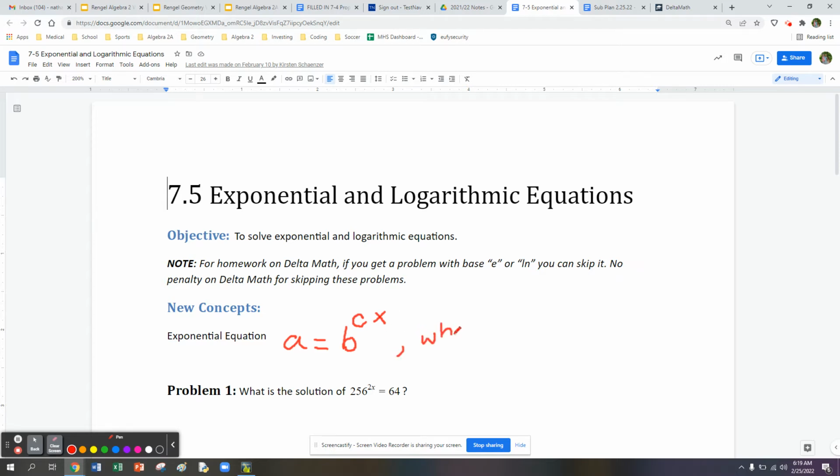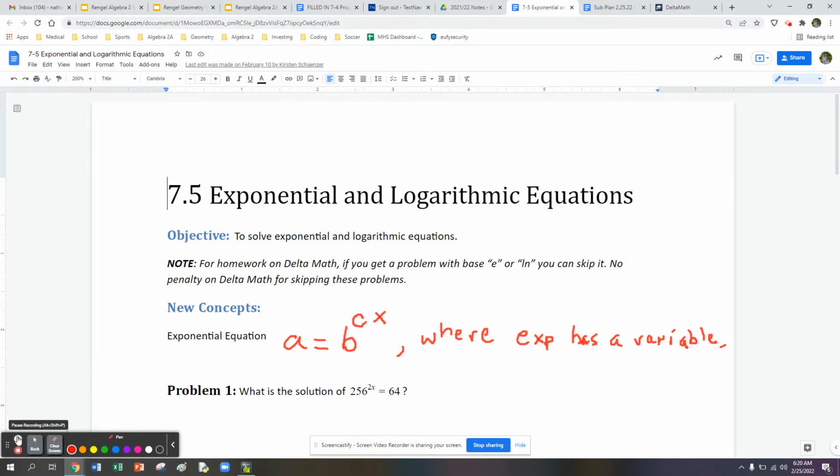And we're going to be able to use properties of logs to solve for that exponent. So anytime we have an unknown exponent, we can use the properties of logs that we discussed a little bit yesterday, or any other strategies we've been talking about so far with exponents to help us solve our problems.